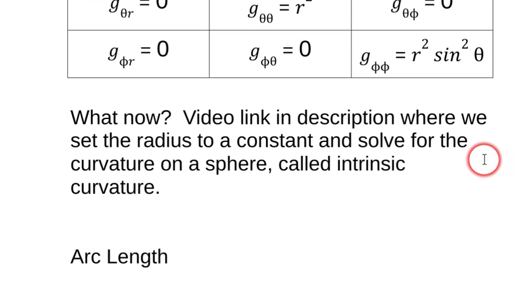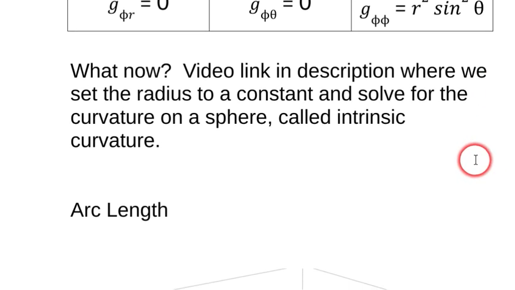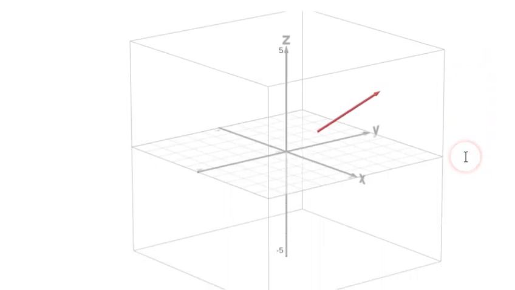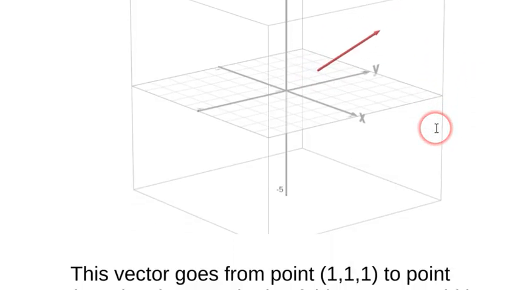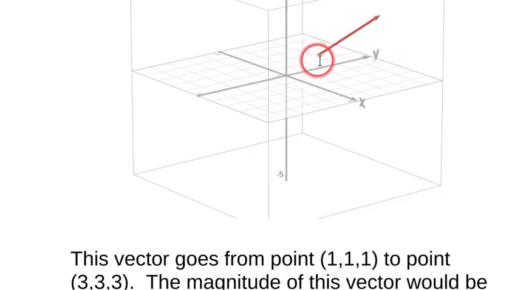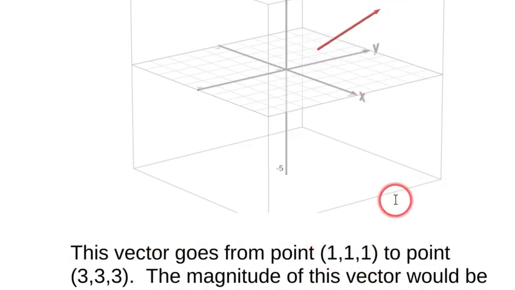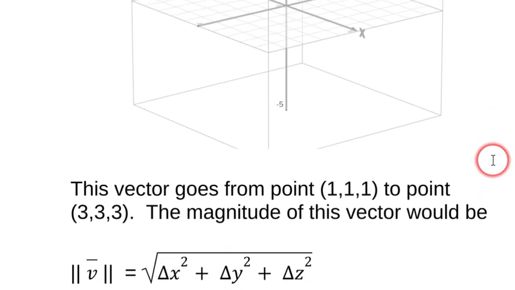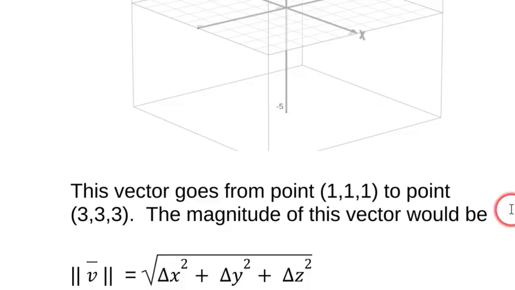All right, now we're going to do something called the arc length. So let's go back to our Cartesian space, and we just put a vector in here, right? It's just sticking up somewhere. Well, this vector goes from point 1, 1, 1 to 3, 3, 3. So that's x, y, z, x, y, z. So the magnitude of this vector would be the Pythagorean theorem in 3 dimensions, right?